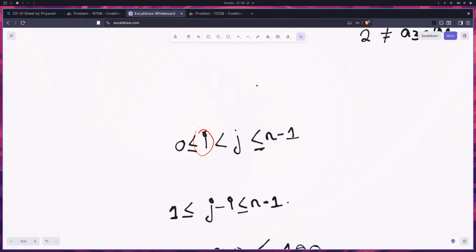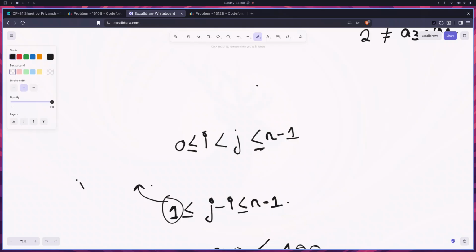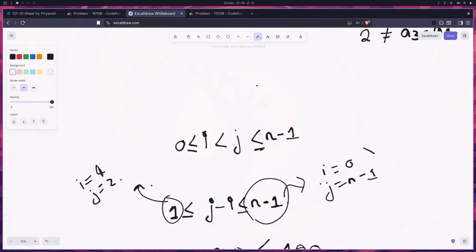One position is always lesser or greater than the other. So the difference will always be greater than or equal to 1, and less than or equal to n minus 1. For example, this will happen when i is equal to 0 and j is equal to n minus 1.